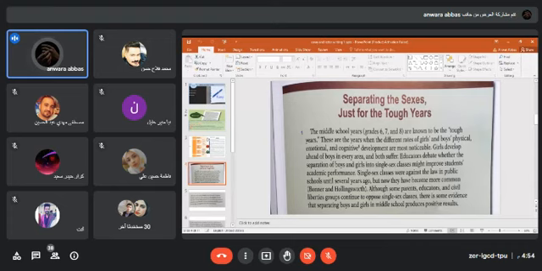Now, let me read the paragraph. This is an introduction of an essay, an example of an introduction from an essay titled Separating the Sexes Just for the Tough Years. The middle school years, grades 6, 7, and 8, are known to be the tough years. These are the years when the different rates of girls' and boys' physical, emotional, and cognitive development are most noticeable.